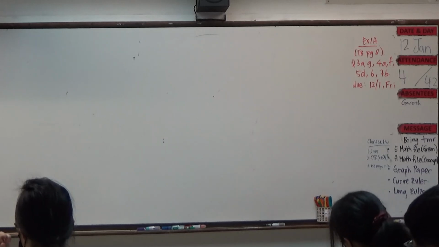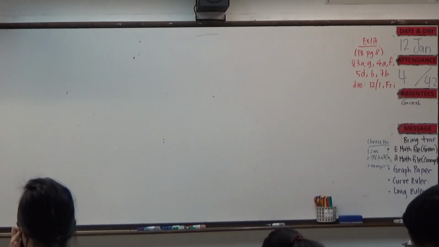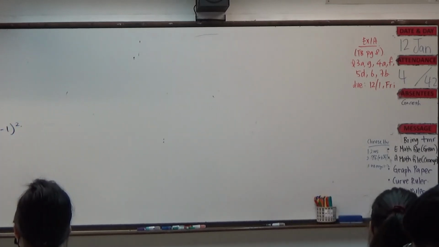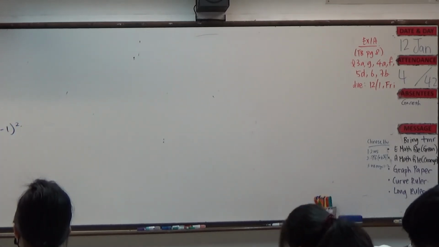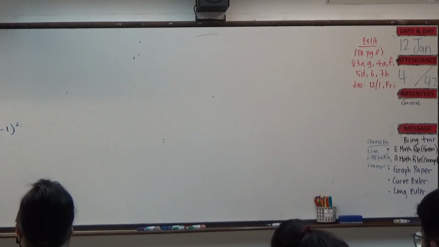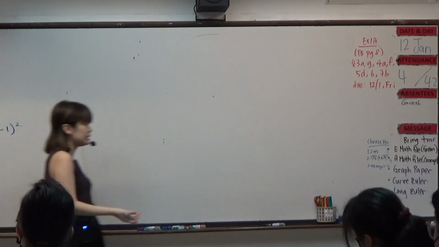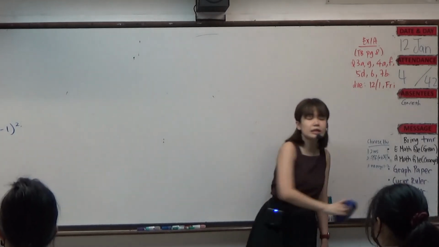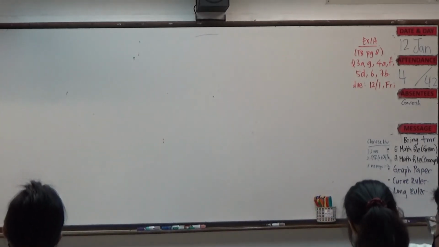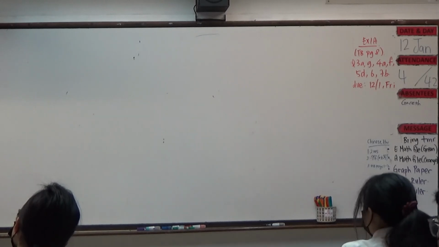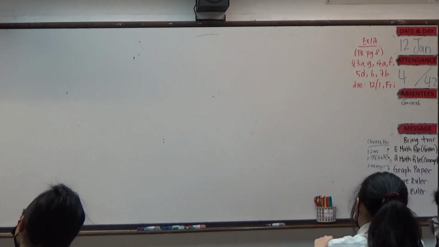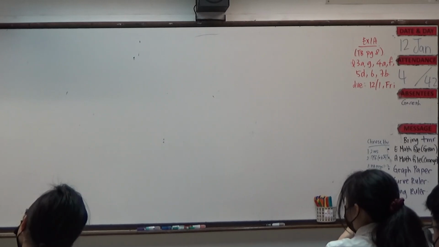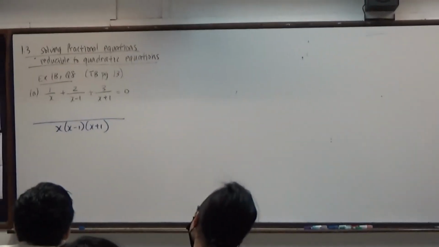When there are common factors, for example the one where there's n minus 1 squared versus n minus 1, we will go for a denominator that is n minus 1 squared. That was what we saw. But in this case with x, x minus 1 and x plus 1, there's nothing in common, so the lowest common multiple that we will go for will be x, x minus 1 and x plus 1. You may want to combine everything.